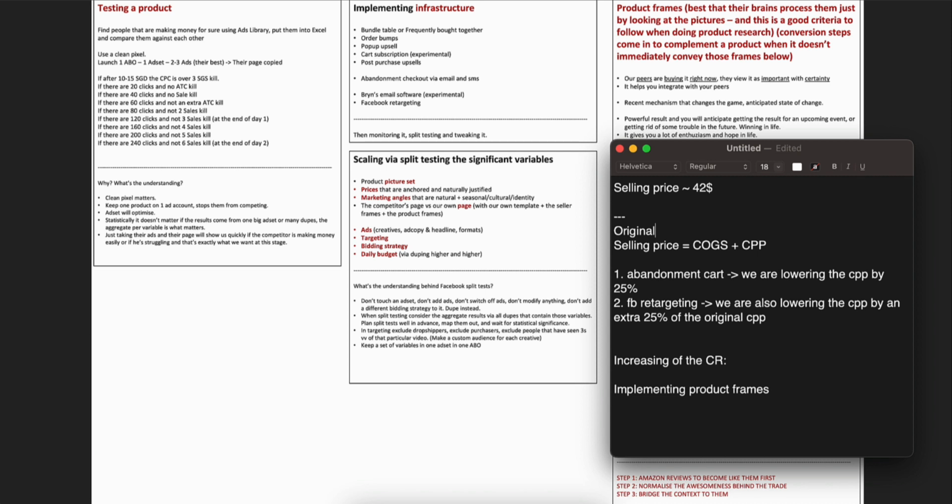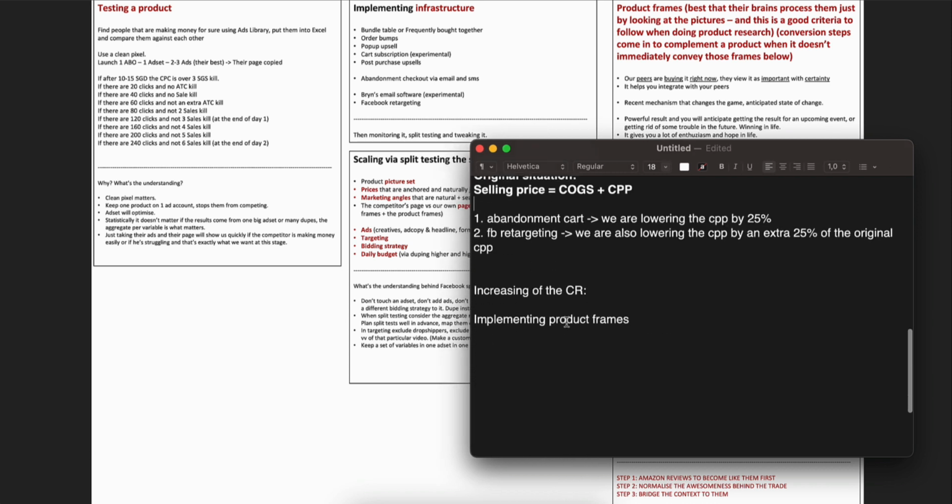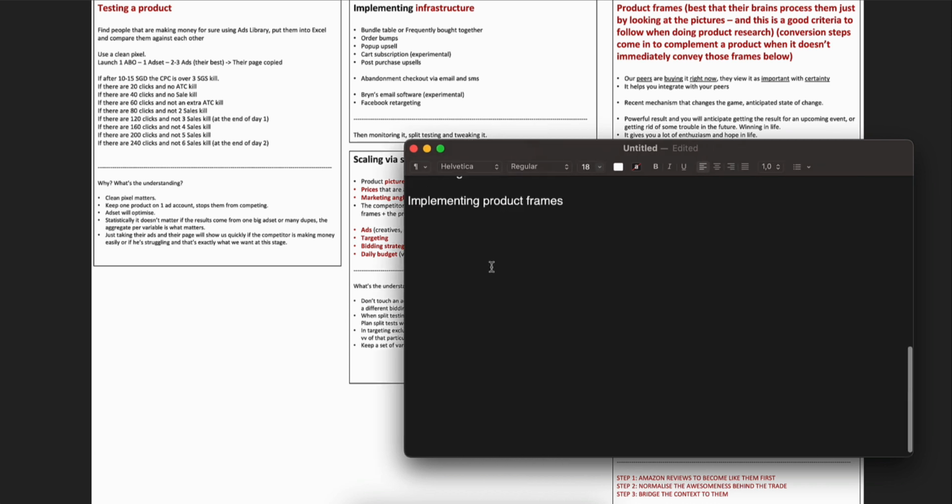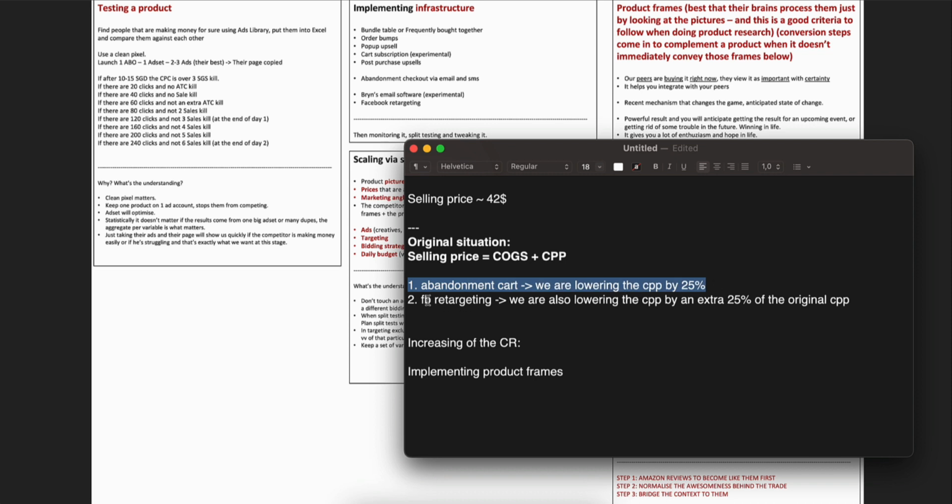This is the original situation right here, and then we have 1, 2, and 3. I'm going to cluster everything as increasing the conversion rate, which includes implementing product frames that weren't there already by default. Actually implementing important product frames.